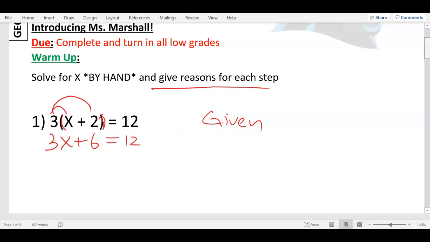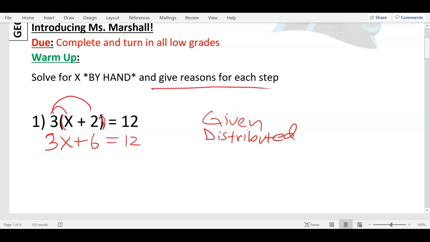Now, again, what did I just do? Distribute, okay? So I'm going to put what off to the side? Distribute, okay? I distributed. That's fine. Next step, if I'm solving for x, 3 and 6 are on the same side. What do I need to get rid of first? The loner, the positive 6. I got to do the opposite.